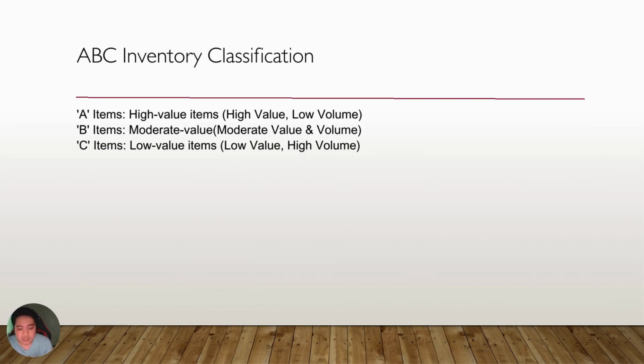B means moderate value and moderate volume, while C means low value items, which is low in value but high in volume. So those are the main gist of ABC inventory classification.